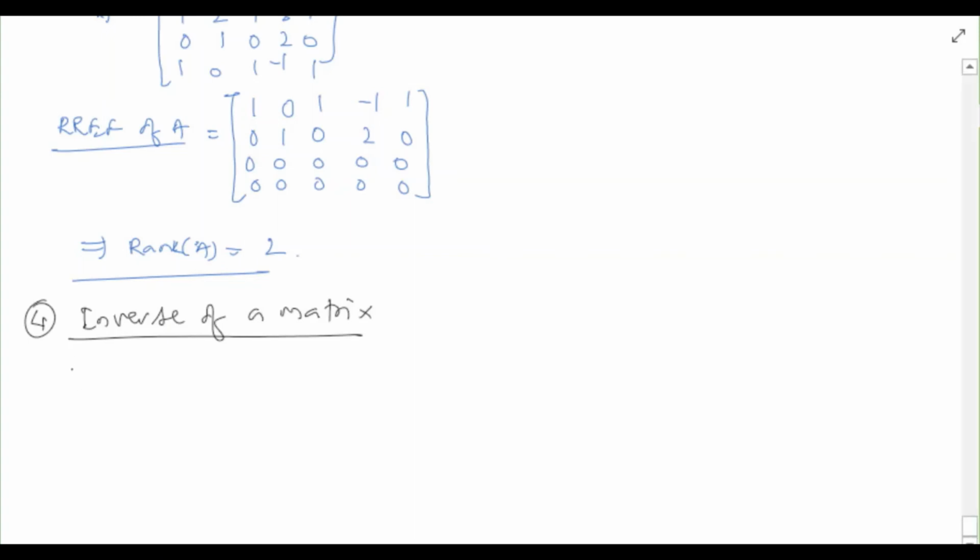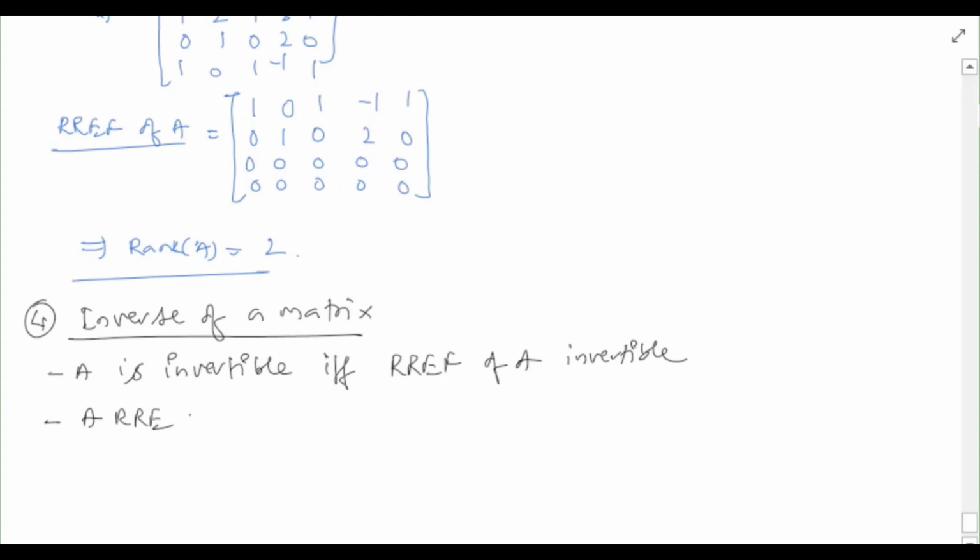This tells us that A is invertible if and only if the reduced row echelon form of A is invertible. A reduced row echelon matrix is invertible if and only if it is an identity matrix.